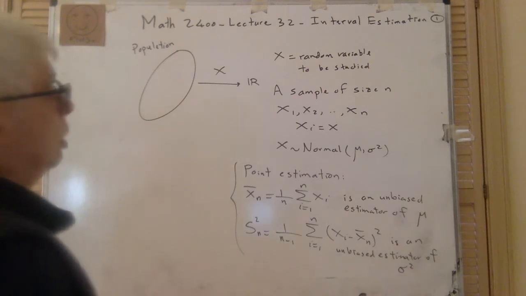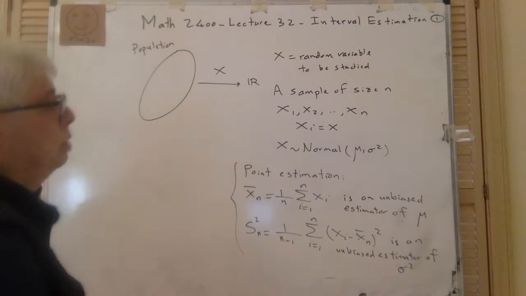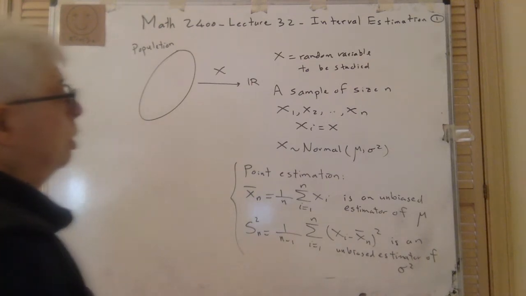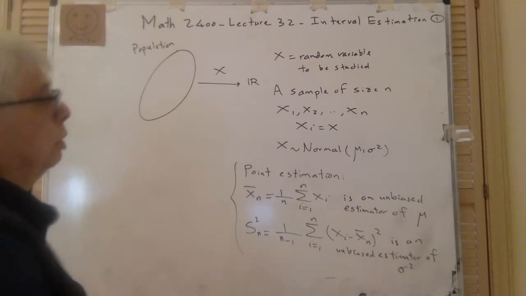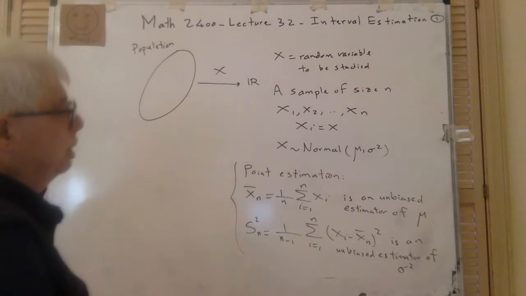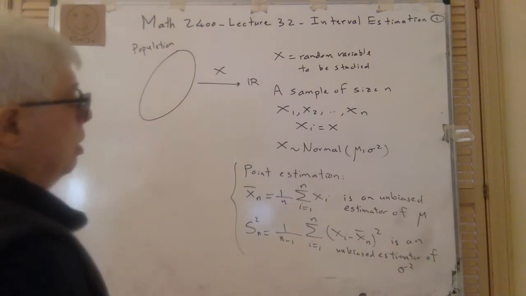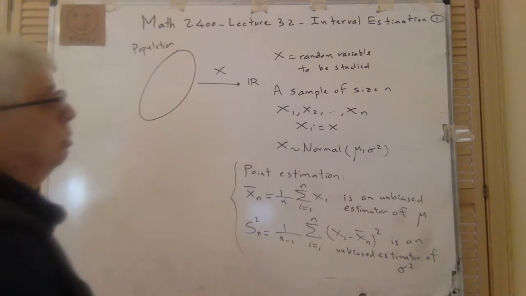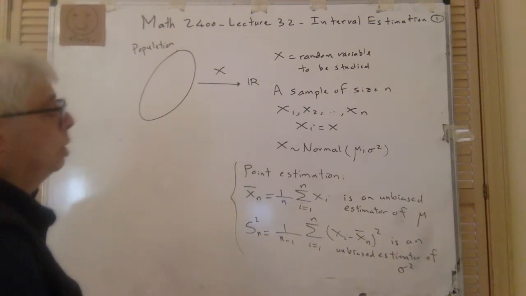Then we take a sample of size n, which means that we have n random variables x1 to xn, each one has the same distribution as x, and then we study that random sample of size n. Now let's assume that x is normal with expected value, mean mu, and variance sigma squared.